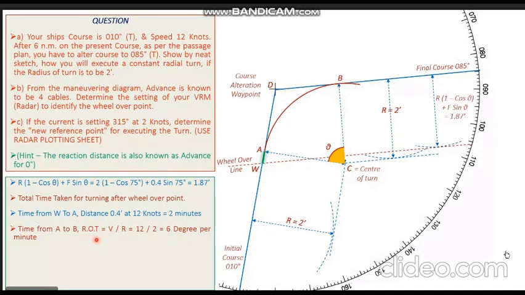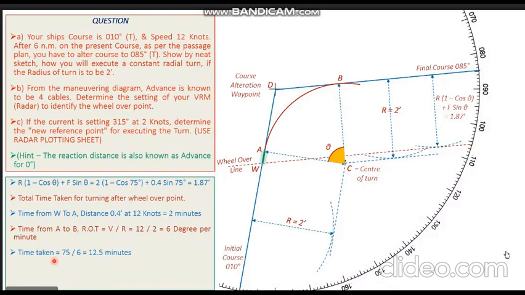We know that the rate of turn is given by the expression: rate of turn is equal to V by R. V is 12 knots, radius of the turn is 2 nautical miles. So that gives me a rate of turn of 6 degrees per minute. So the vessel will be negotiating the turn at a rate of turn of 6 degrees per minute.